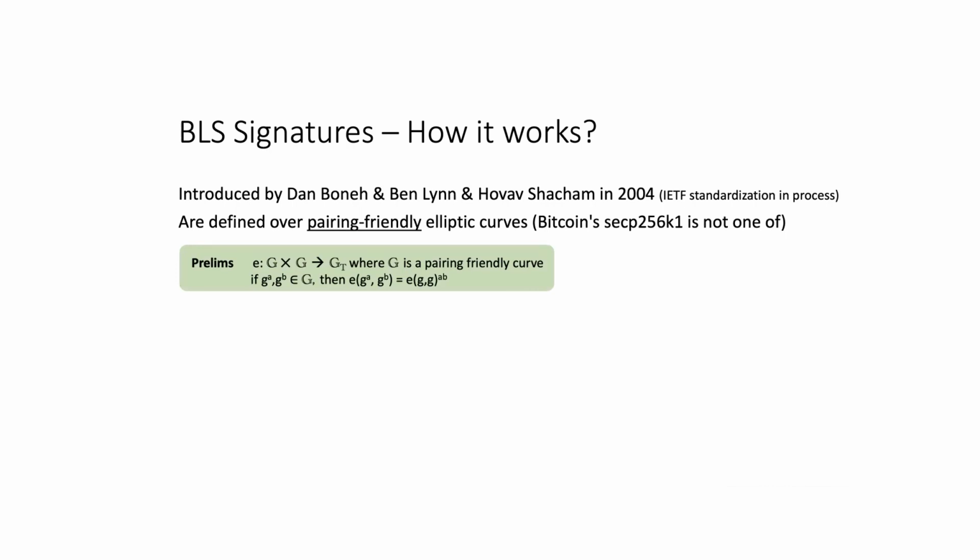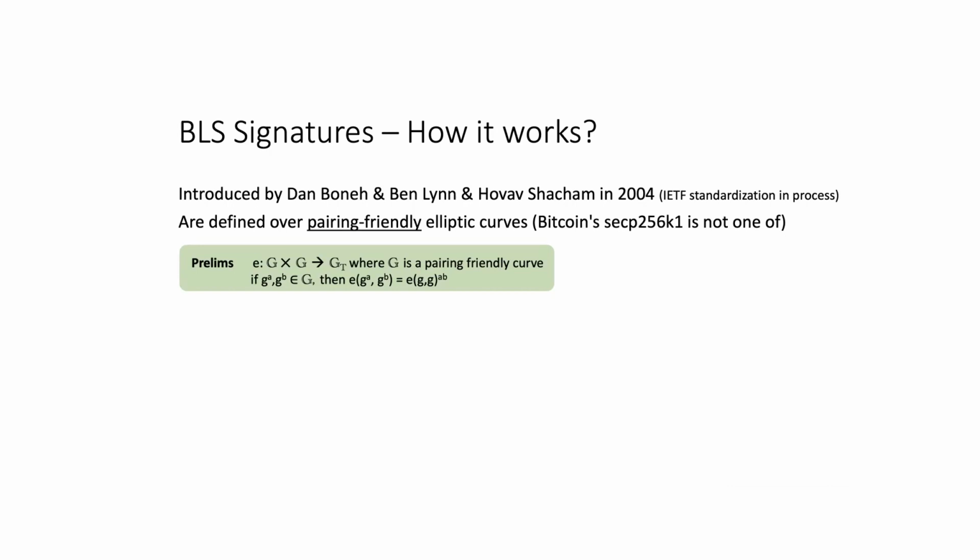So a bilinear pairing is basically a mapping that takes two inputs from G, where G is a pairing-friendly curve, and gives an output in another curve.